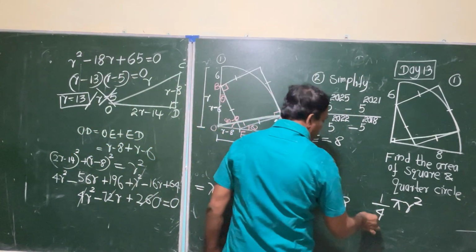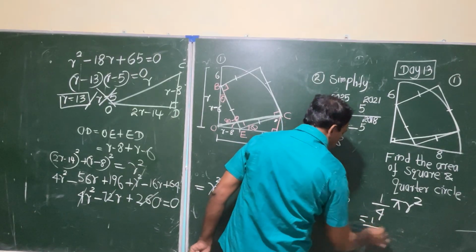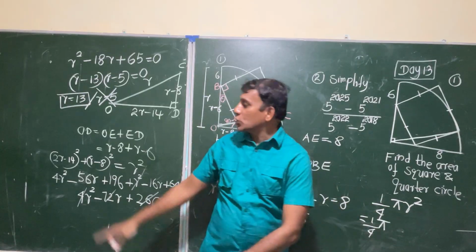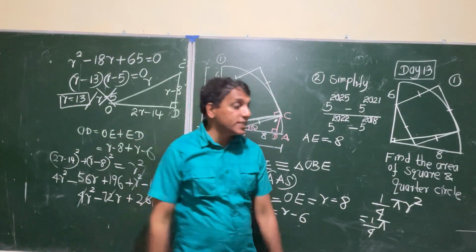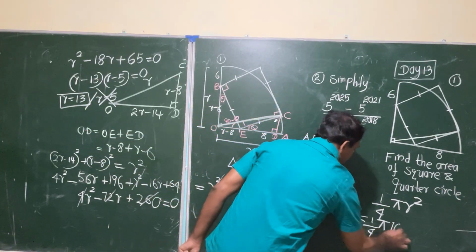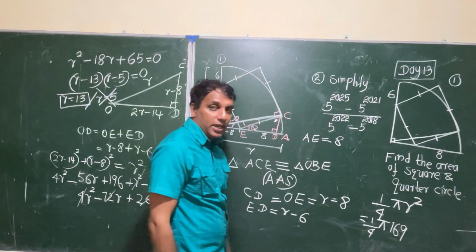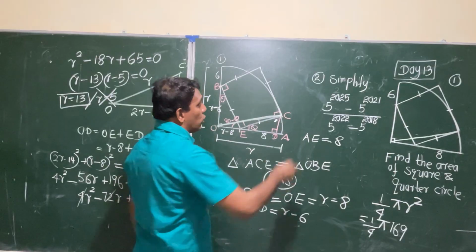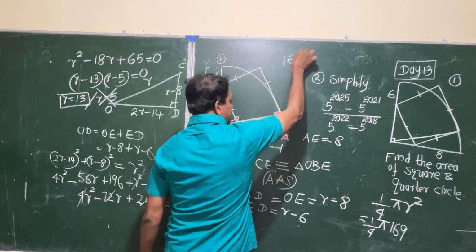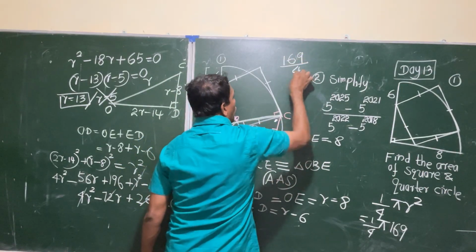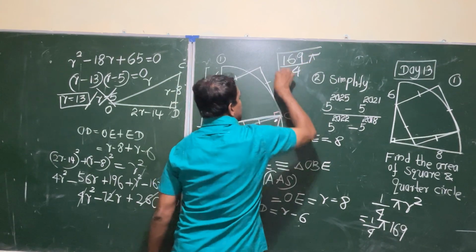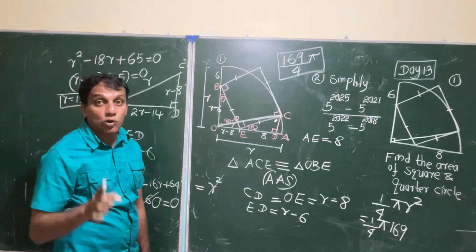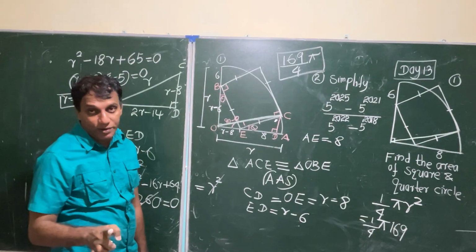What is the radius squared? 169. So if I write it properly, 169 over 4 times pi square units is the quarter circle area.